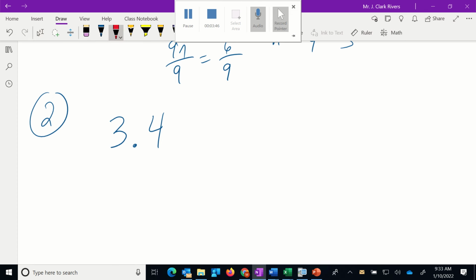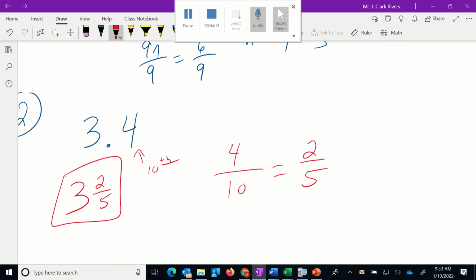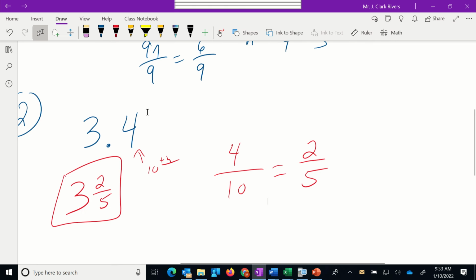Okay, so on this one, 3 is to the left of the decimal. So we're going to take 3 and set it off to the side. That's going to be part of our mixed number here. 4 is in the tens place, right? So it's 4 over 10. Again, that is the tens place. Anything in the tens place, just put it over 10. We can divide both these by 2 and we get 2/5. So it's 3 and 2/5. That's what you should have had there. If you had 3 and 4/10, just make sure you simplify. Questions there?